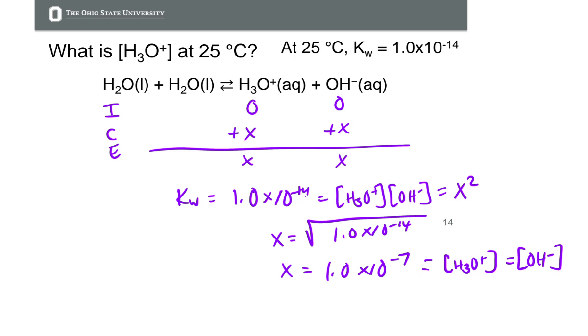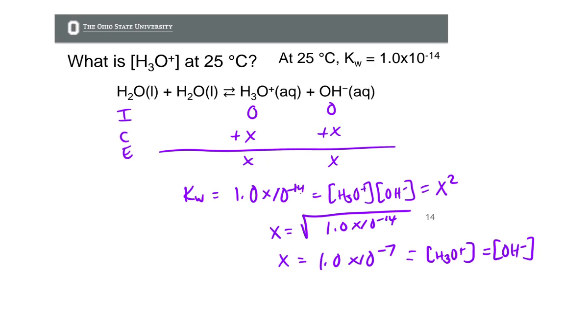Yes? Does this equilibrium equation mean that when water is just in a cup on a counter, this reaction is currently happening? Yes. So the question was, when you have water in a cup on a counter, is this reaction happening? Yes, this is what is happening. Cool. Other questions? The question is, are the concentrations of H3O plus and OH minus always equal?